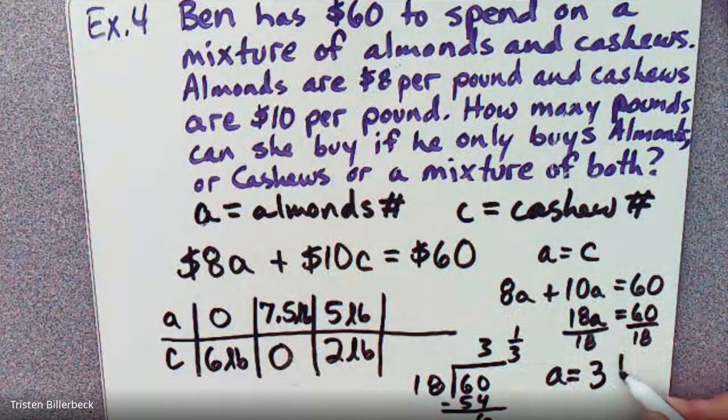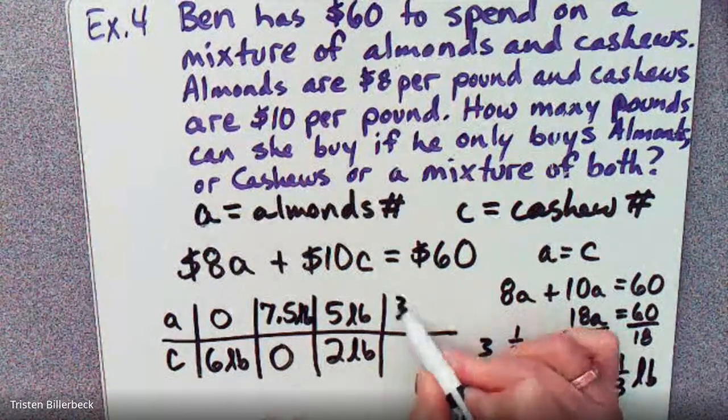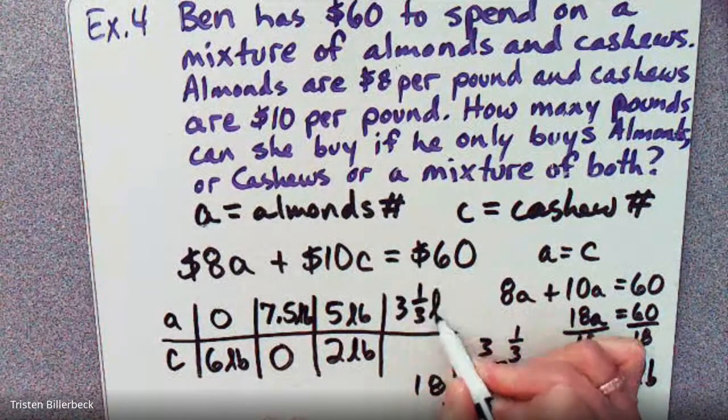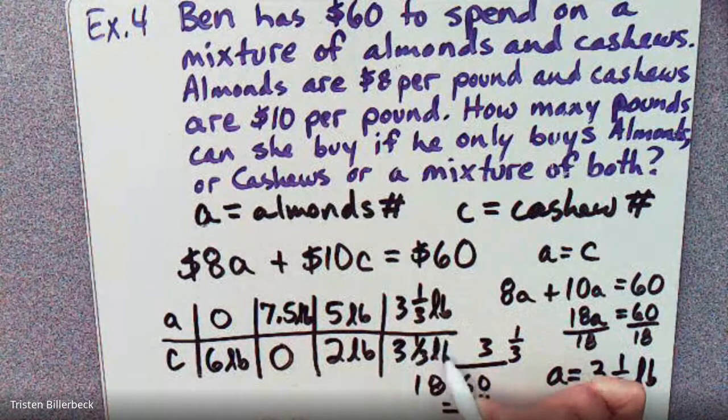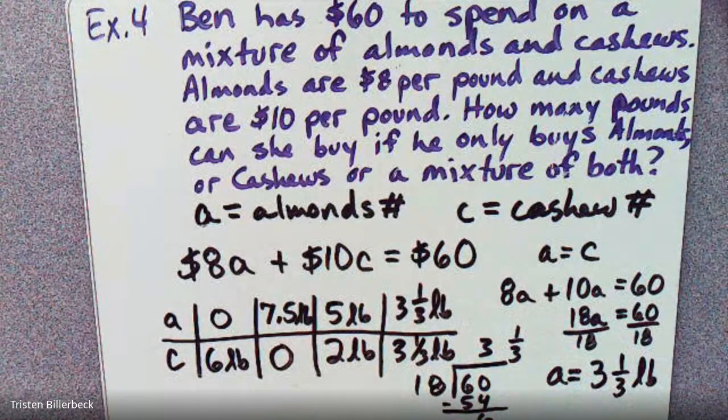So 3 1/3 pounds of almonds and 3 1/3 pounds of cashews if we wanted an even mixture.